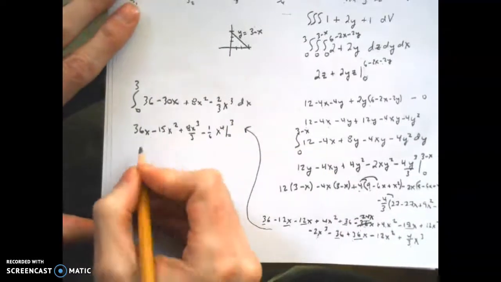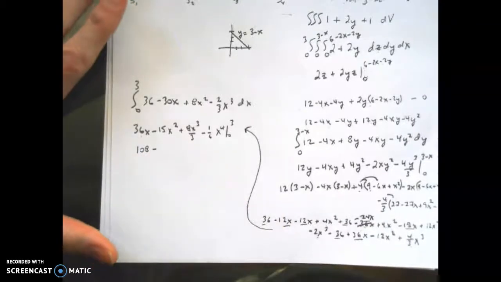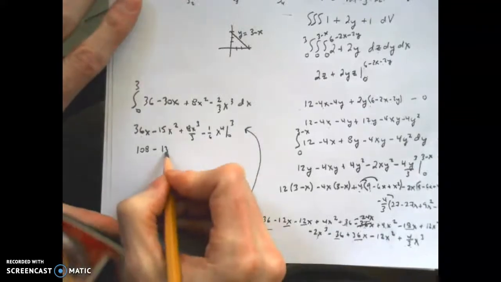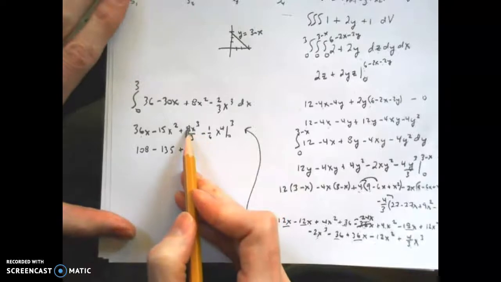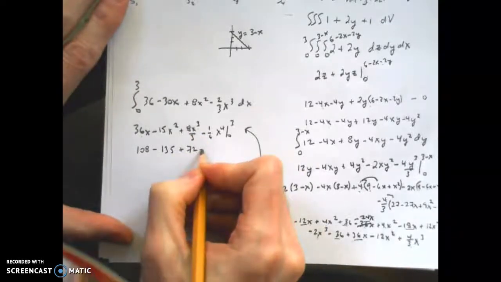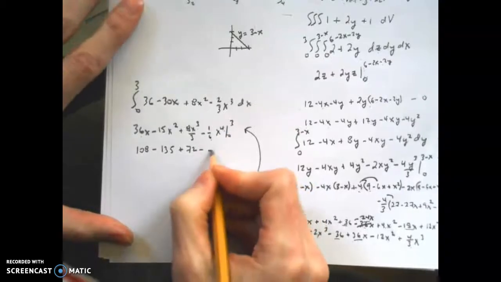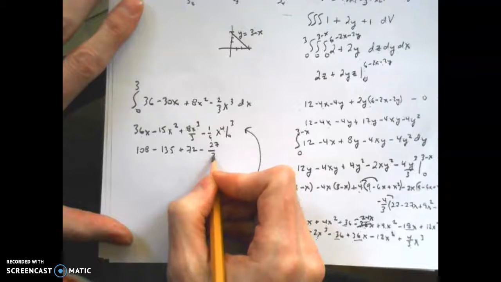So 36 times 3 is 108, minus 15 times 9, 135, plus 8 times 27 over 3 is going to be 72, minus 81 over 6, also known as 27 over 2.